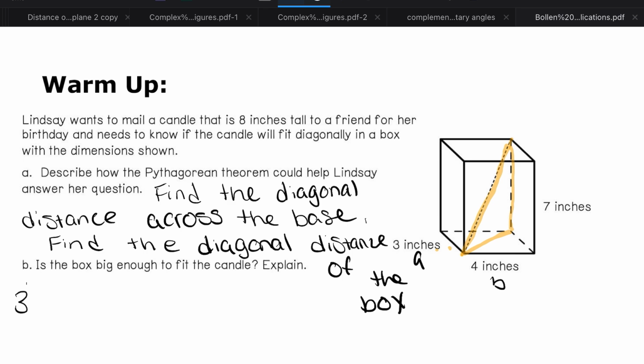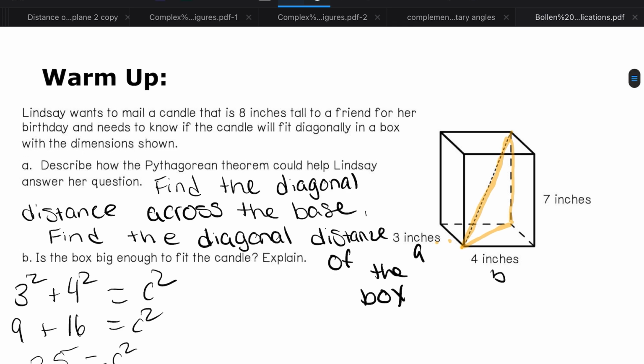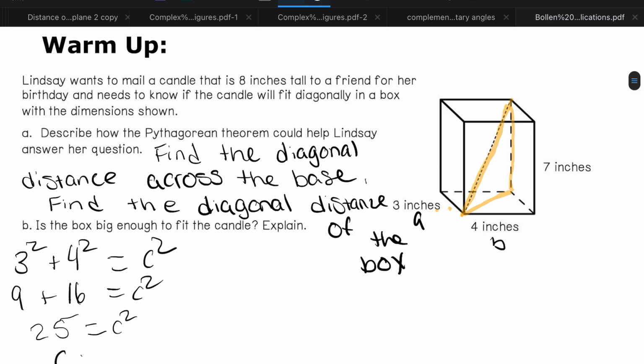Doing that, we would do 3 squared plus 4 squared equals c squared, which is 9 plus 16 equals c squared, which is 25 equals c squared, which means c is equal to 5. So this bottom length is 5.